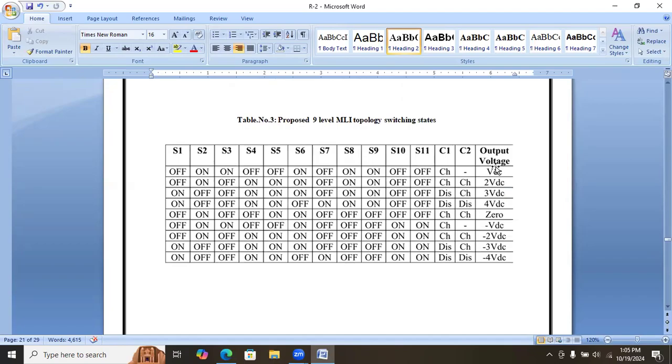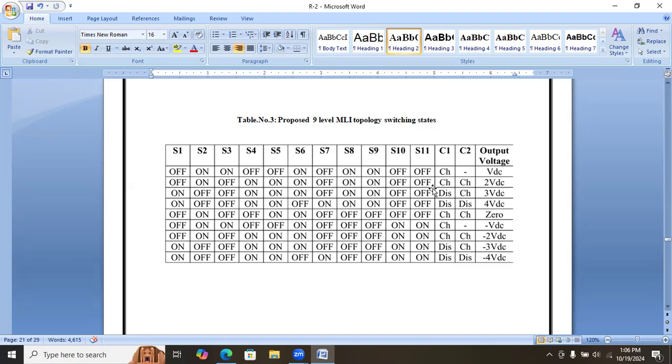Here if you see, positive 4 levels: VDC, 2 VDC, 3 VDC, 4 VDC. Negative 4 levels: minus VDC, minus 2 VDC, minus 3 VDC, minus 4 VDC. The capacitor charging state and discharging state are also mentioned here.